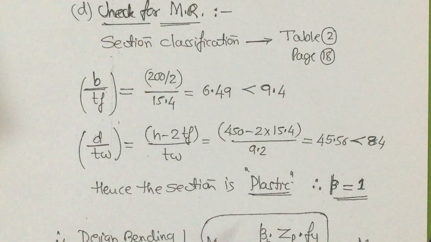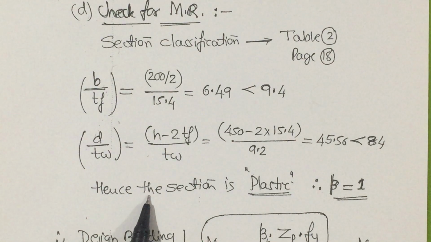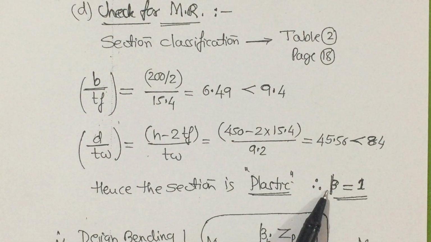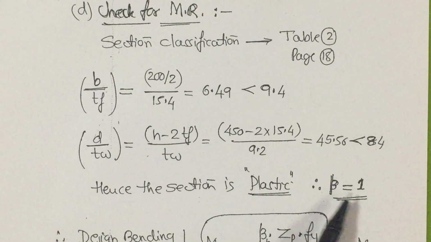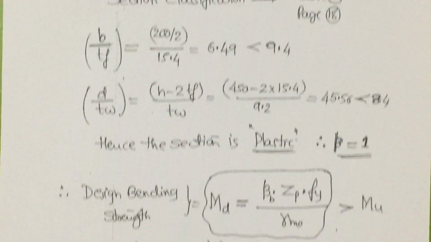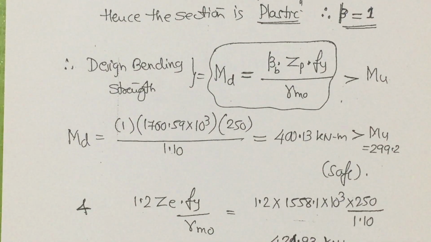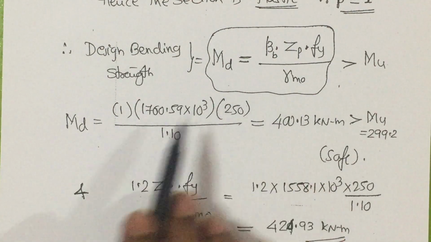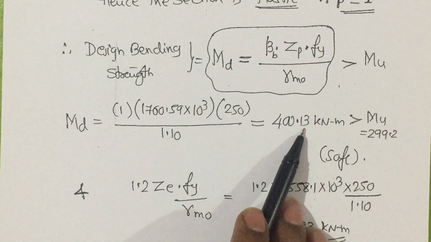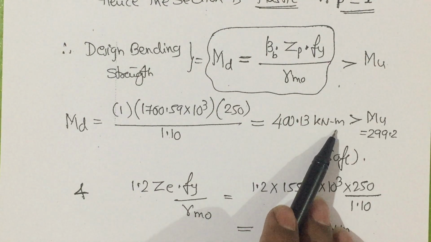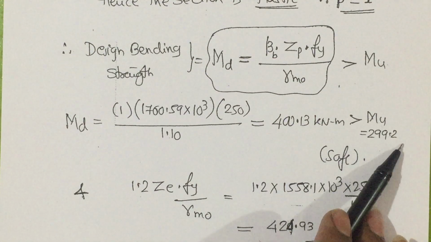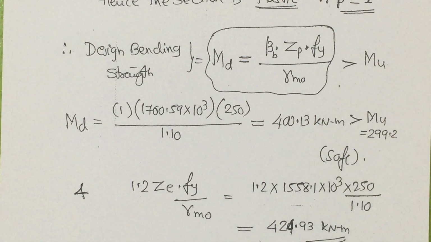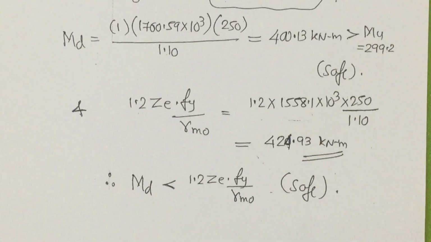So, the section is plastic. Hence, for a plastic section, beta value is equal to 1. Therefore, design bending strength Md is given by the formula, substitute all the values, you will get 400.13 kilonewton meter, which is greater than Mu, 299.2. Therefore, our design is safe.